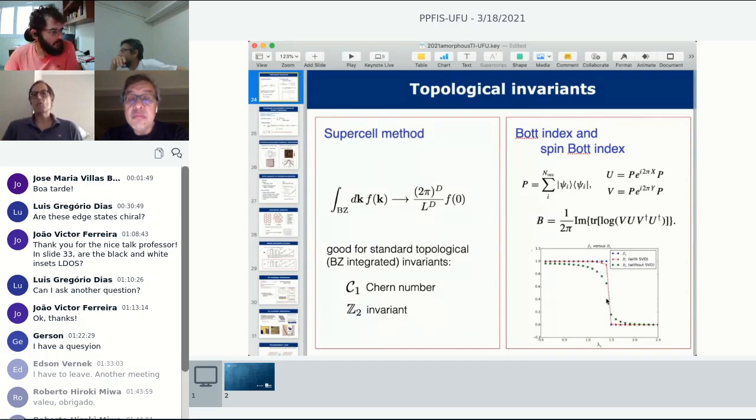The red one is the Bott index, and you see it's kind of smooth, and it becomes sharper and sharper as you make the domain of integration larger. So for people doing clean systems, the Bott index is no good. But if you're interested in disorder, then you have large systems, and this is a good way to see it, competitive with the supercell approach. Okay.